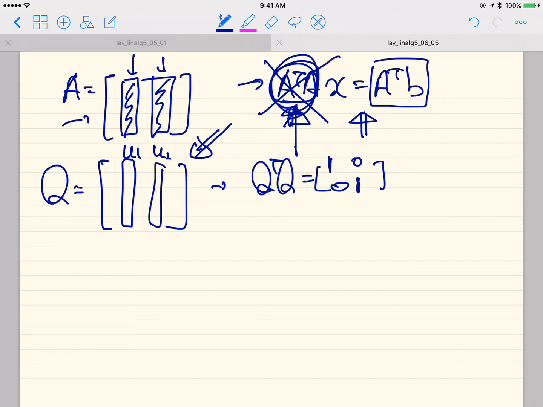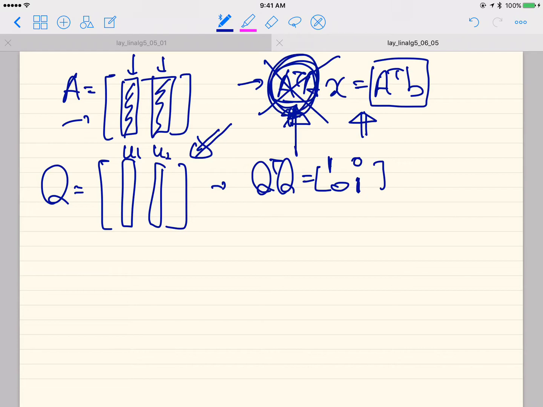Elementary matrix E, in the form of some row operation from the identity matrix. Yeah, you're almost right.